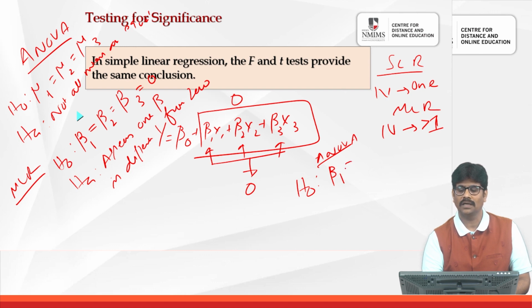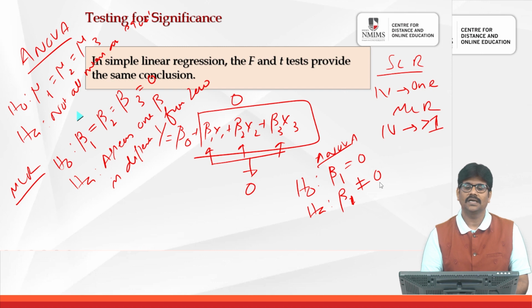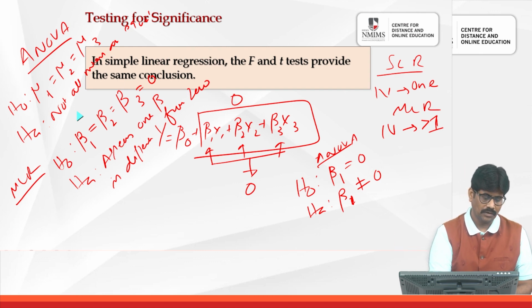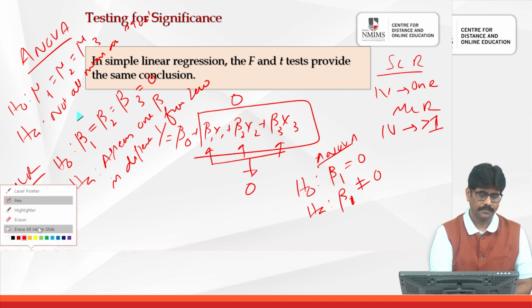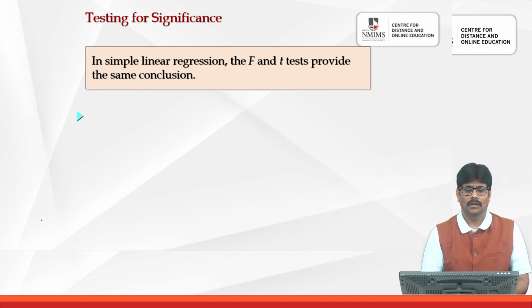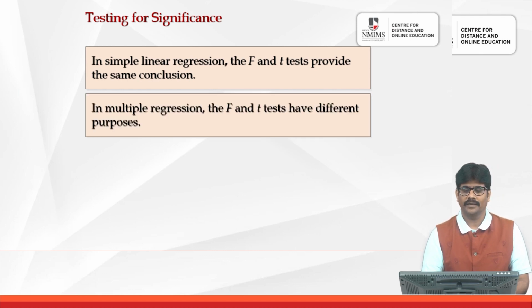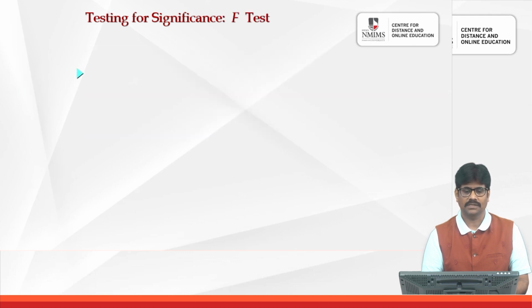Beta 1 equal to 0, and the alternate hypothesis is beta 1 not equal to 0. The F test and T test are the same because there is only one independent variable. In simple linear regression, the F and T tests provide the same conclusion. In multiple linear regression, the F and T tests have different purposes, as I was just saying.